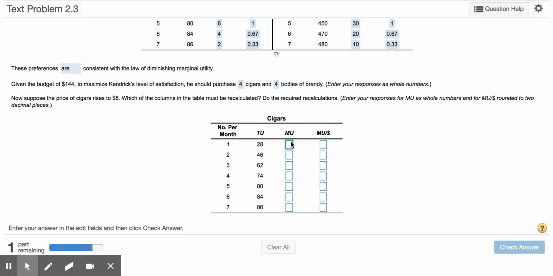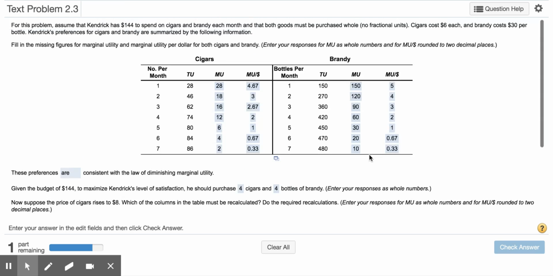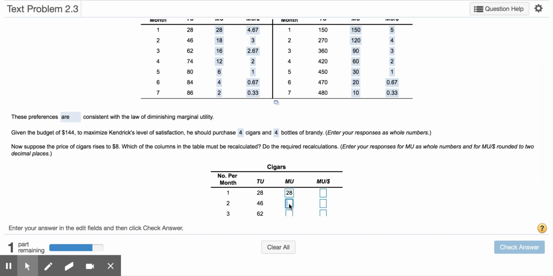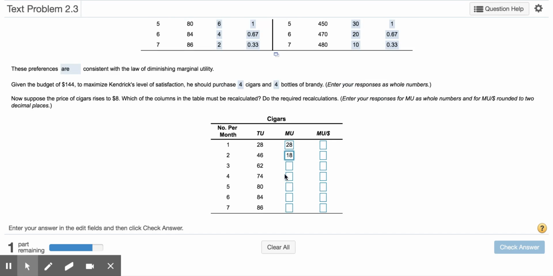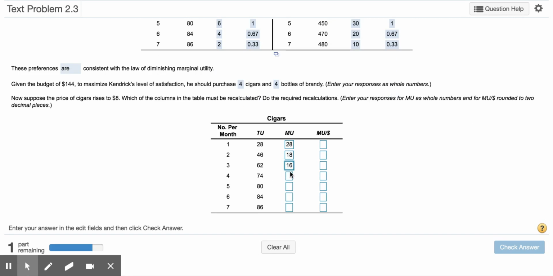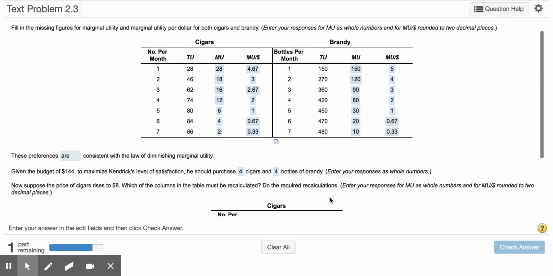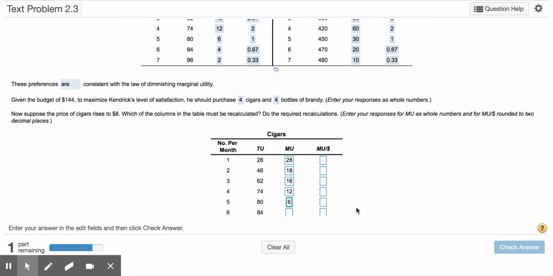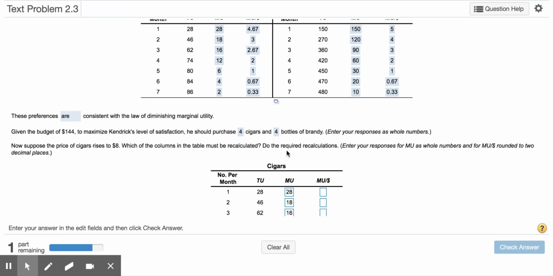So marginal utility again, we can calculate it the same way we did before. Actually, we already calculated these numbers in here, so we're just going to copy them: 28, 18, 16, 12, 6, 4, 2.